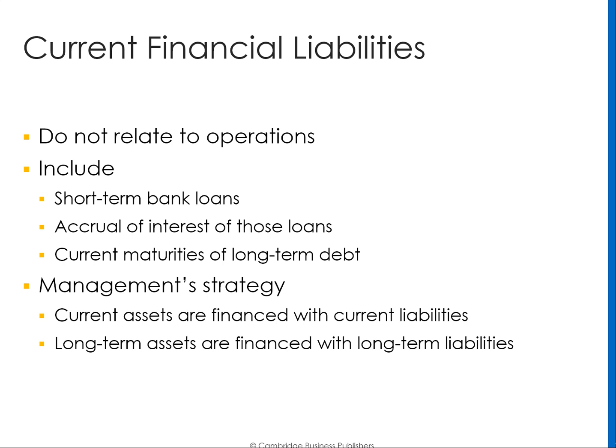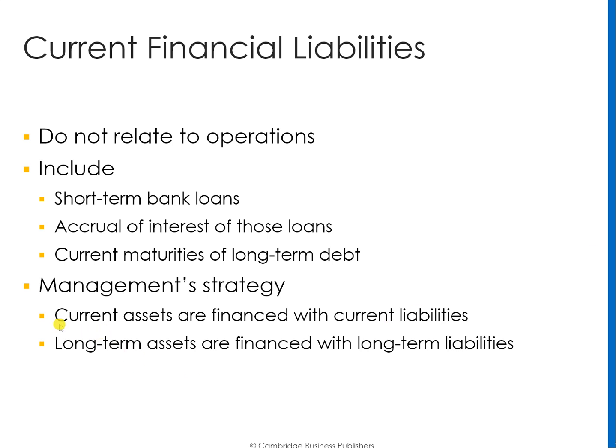Okay, non-operating current liabilities, typically they're financial liabilities. They include short-term bank loans, right? Accrual of interest on those loans, and current maturity of long-term debt. So how do we use financial liabilities?